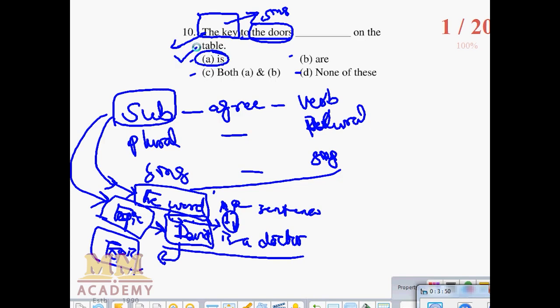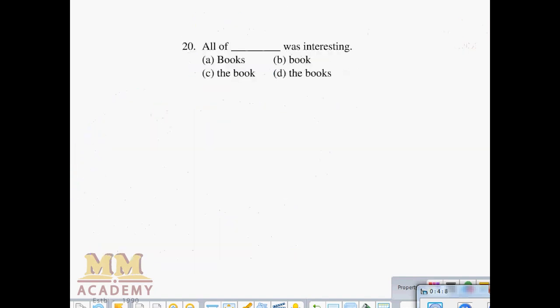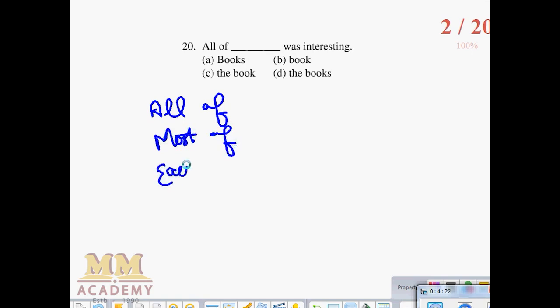If you change the sentence a bit, if you write it like this, the keys to the door, the keys is plural. So the subject becomes plural, so you need are there. But we have a singular subject, so we need is here, right? Okay. Remember, whenever you get all of, most of, each of, and expressions like that, right?